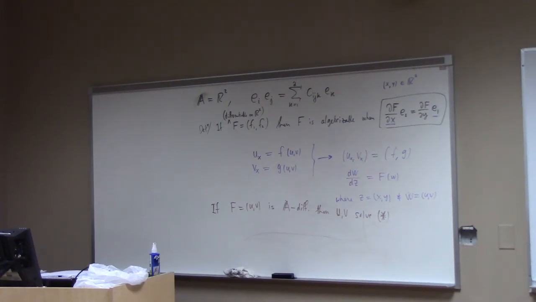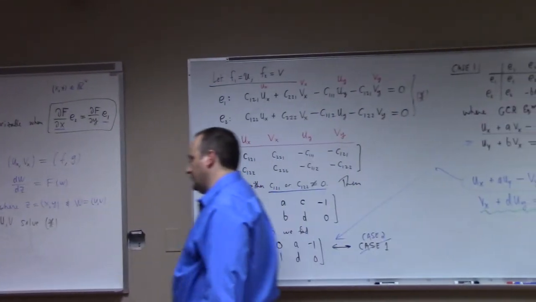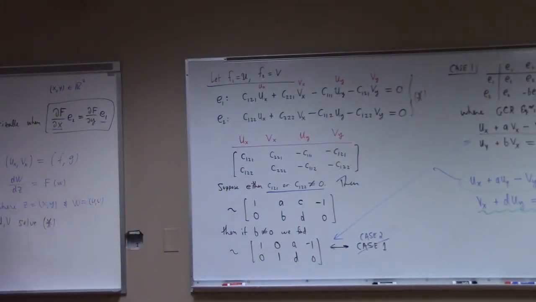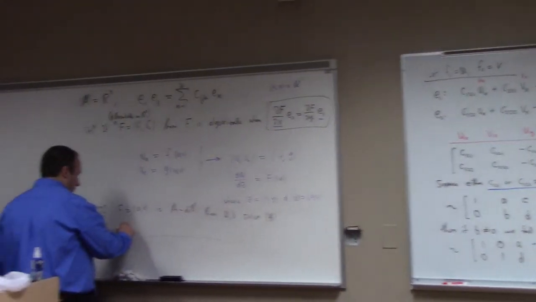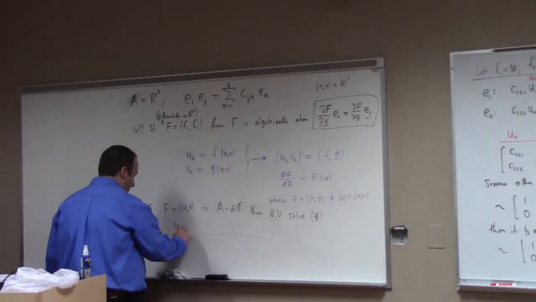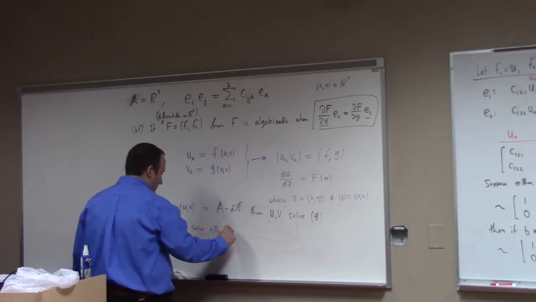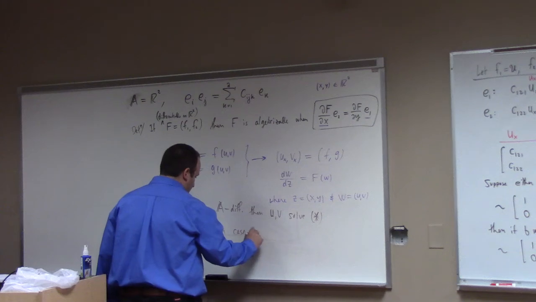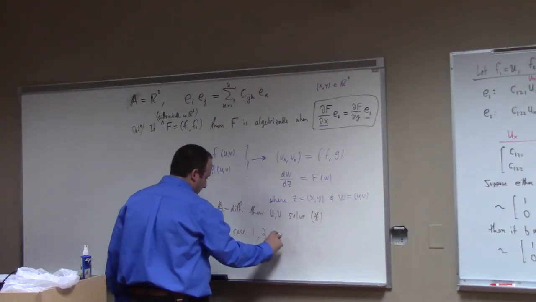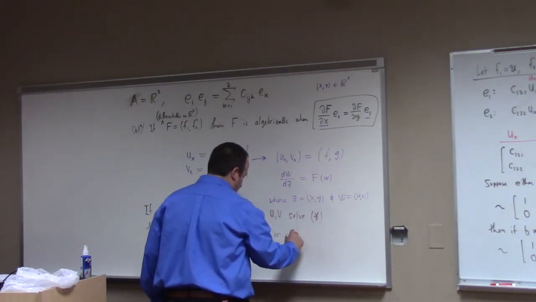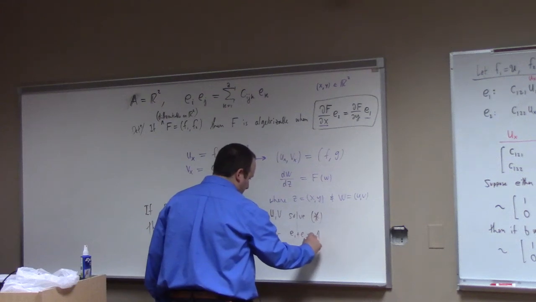Thus, u comma v solve either case 1, case 2, or the E1 plus E2 equal to 1 case.